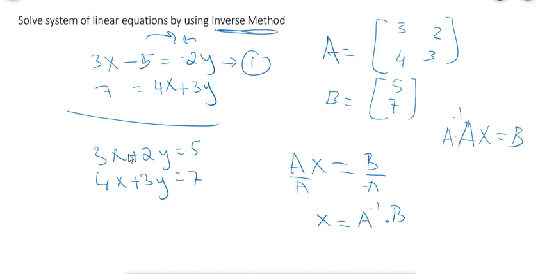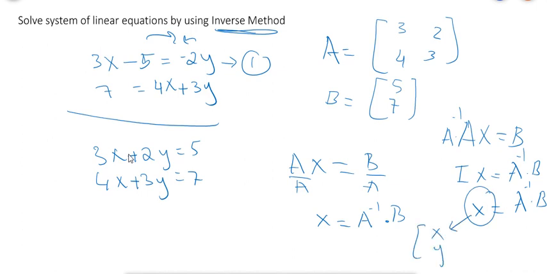As we know, A inverse multiplied by A is equal to I, so X equals A inverse multiplied by B, where X is the value of x and y.